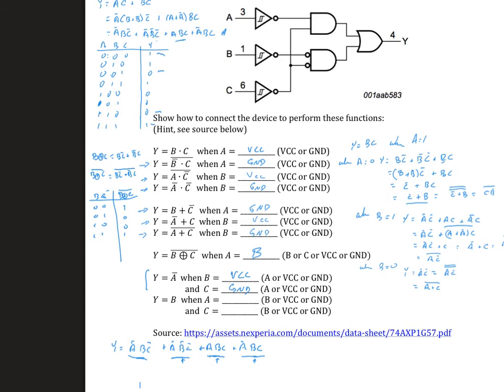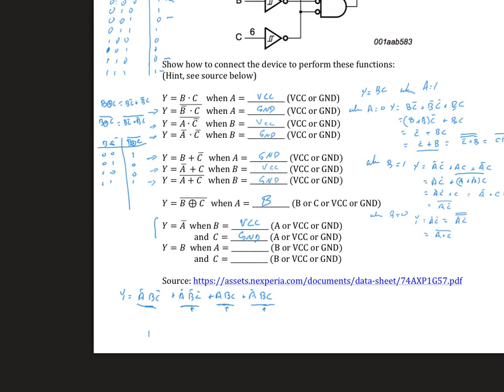And what if we wanted to make this expression equal to B? Let me go back and erase all this. Again, we want it to be equal to B. Let's do a little bit of manipulation here.